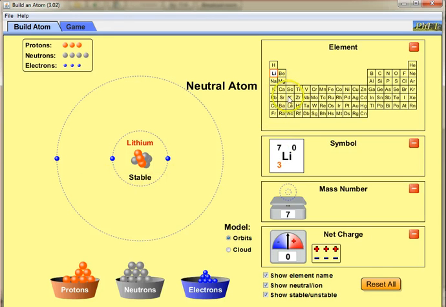What happens if you go from, let's say, lithium to boron? Okay, so this is lithium. To make boron, we need to add. Lithium has 3 protons and 3 electrons. The neutrons are there for stability. So we add 2 more protons and 2 more electrons.